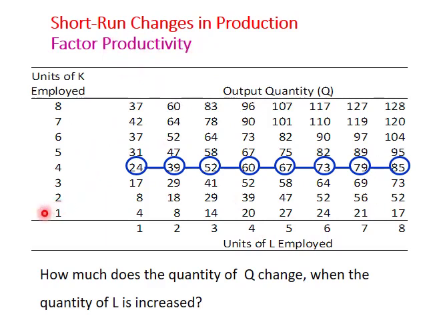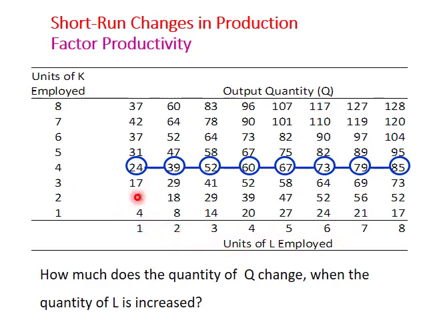For example, these are the units of K employed, that means the capital, and these are L employed, that is labor. So in this case, 4 units of K is used as constant, as fixed input, and we vary the labor 1, 2, 3.